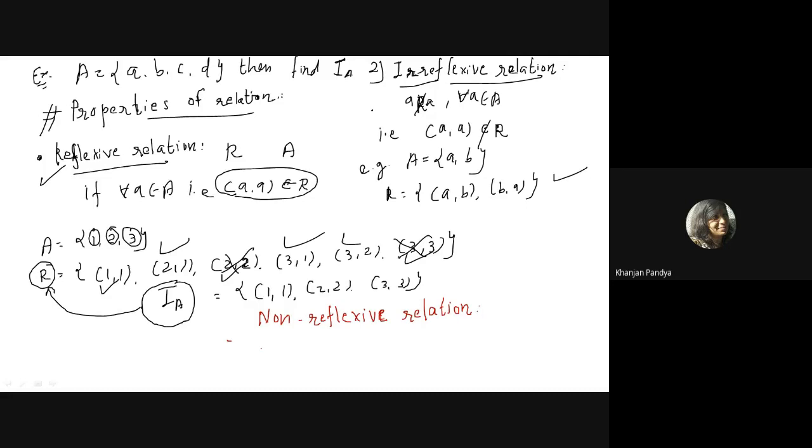So write down, a relation which is neither reflexive nor irreflexive is called non-reflexive. So this is a non-reflexive relation, right? So you have to write down the example as well.